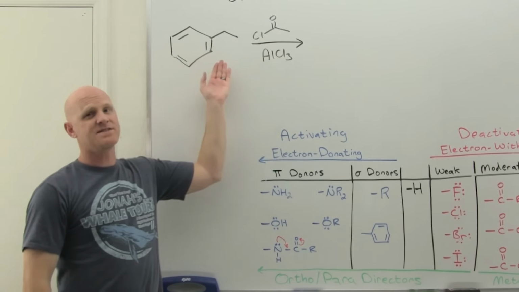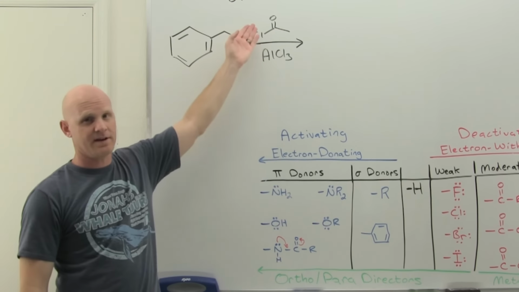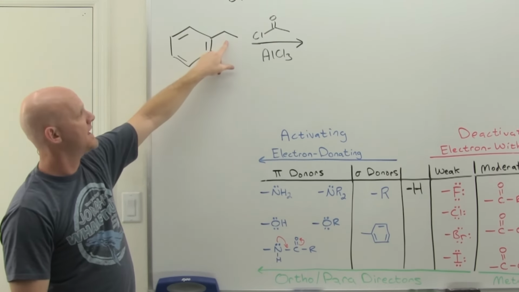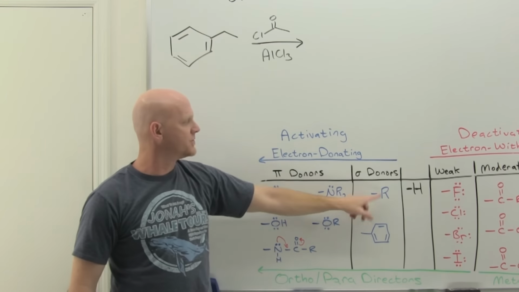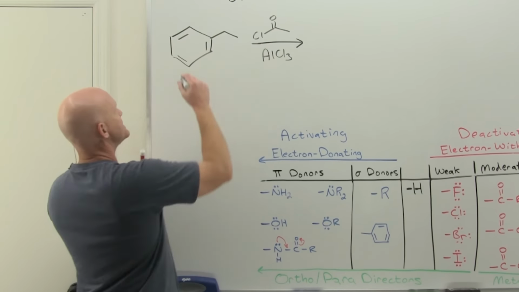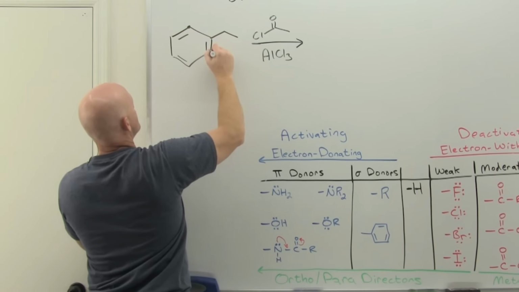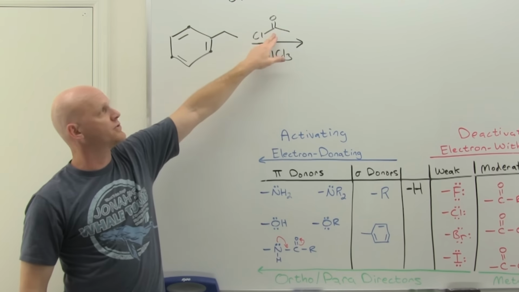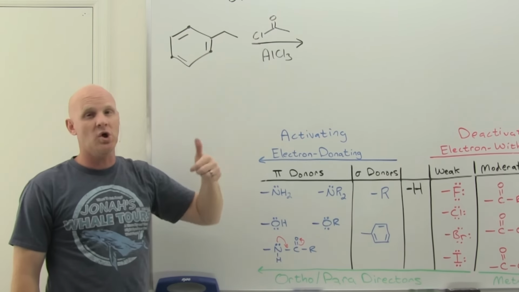All right, in this next example, we're doing a Friedel-Crafts acylation, but this is the ethyl group's benzene ring. It's his house, so to speak. And an ethyl group is just an alkyl group, a sigma donor, and an ortho-para director. And so he's going to direct the reaction to happen either ortho or para. But it turns out this acyl group, a carbonyl, is an example of a bulky group.